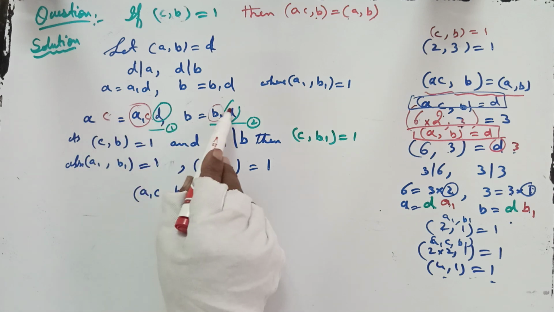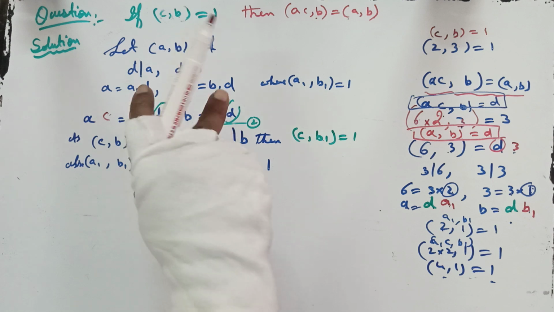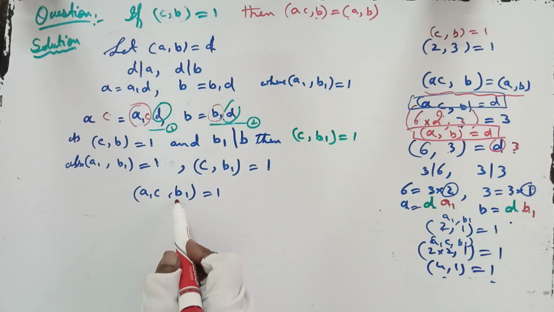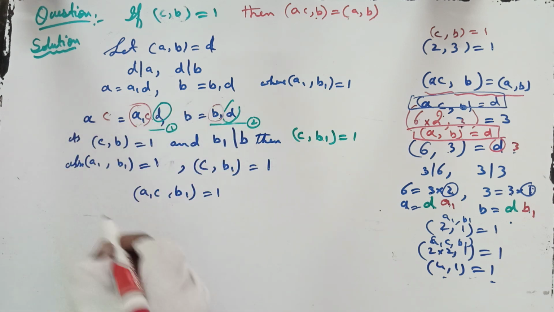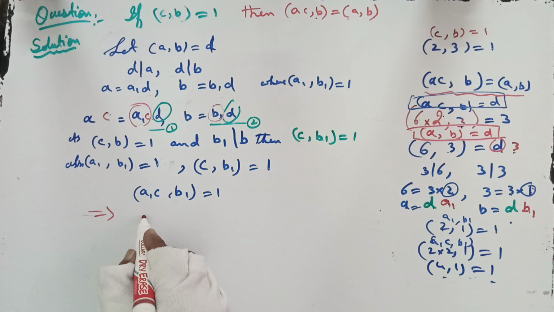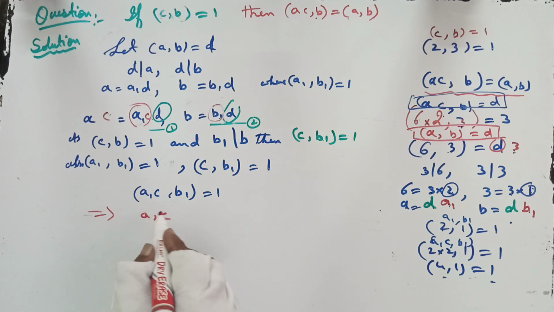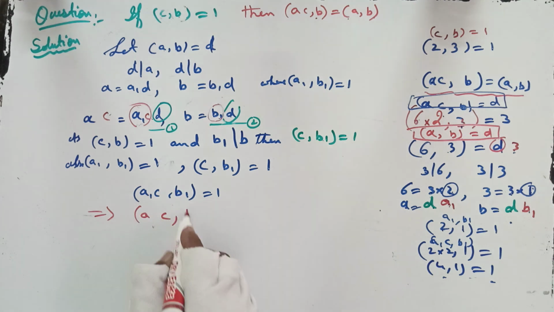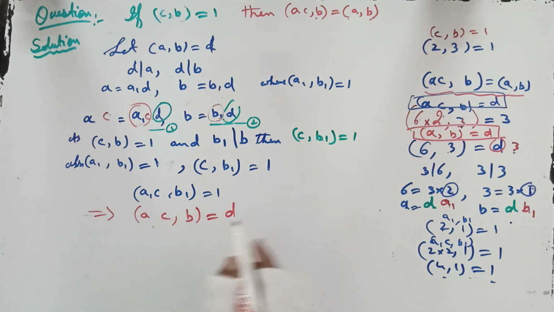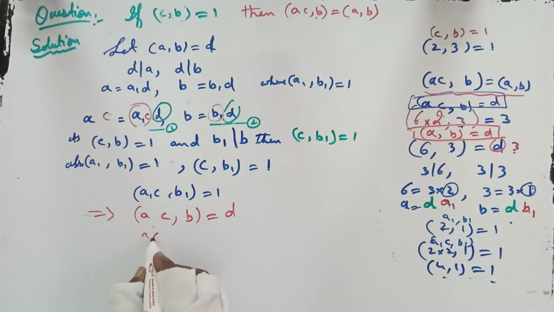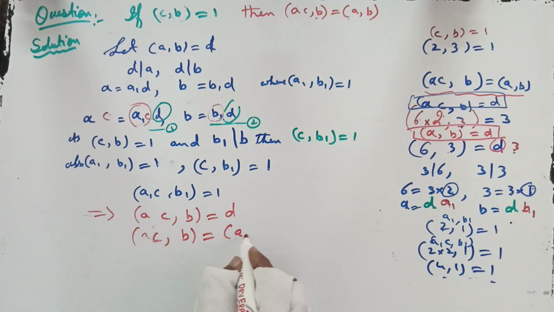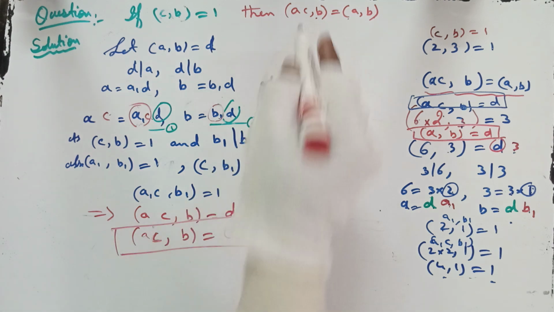If one factor of this and one factor of this are the same, and the other two numbers are relatively prime, then this must be the GCD of AC and B, which implies AC and B have GCD D. Then what is D? D is the GCD of A and B. Plug in the value of D: GCD of AC and B equals GCD of A and B. This is our required result.